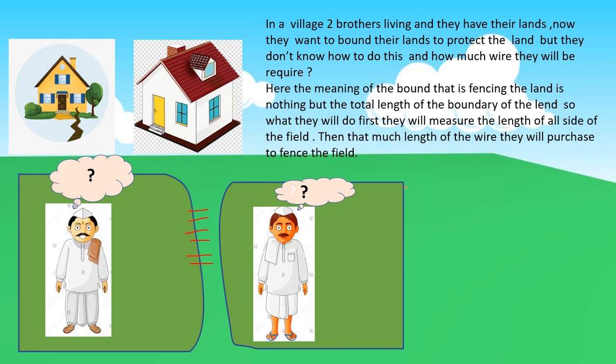They will add all the sides and get the total length of the wire required to bound or to fence their land. Here we are talking that the total length of the boundary is called the perimeter.